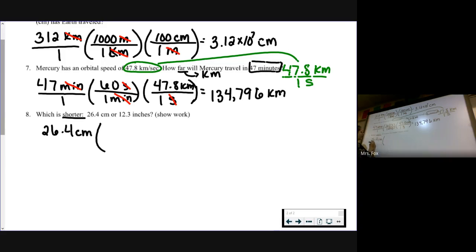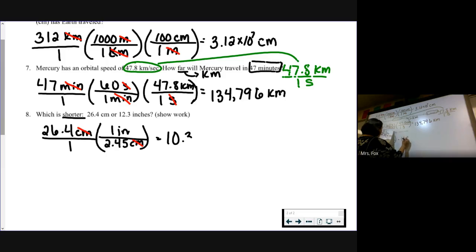And I do have a relationship between centimeters and inches. It's 1 inch is equal to 2.45 centimeters. My centimeters cancel. So now I have a division problem. 10.39 inches.